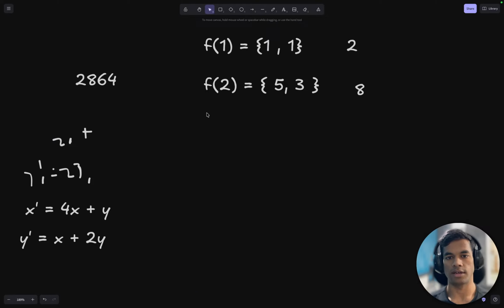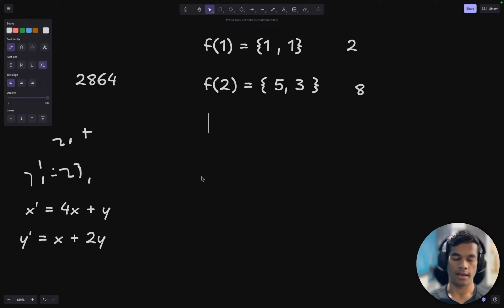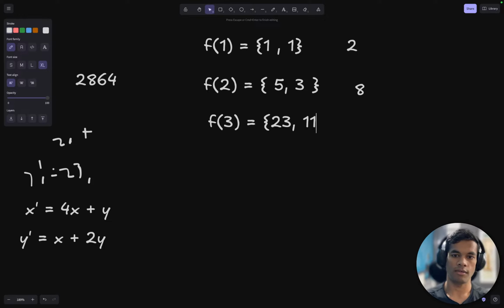This thing is correct at least. And f3 therefore would be equal to 20 times 4, 20 plus 3, 23, and 6 plus 5, 11, and the sum would be 34.